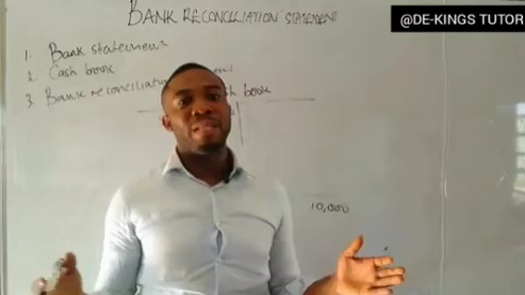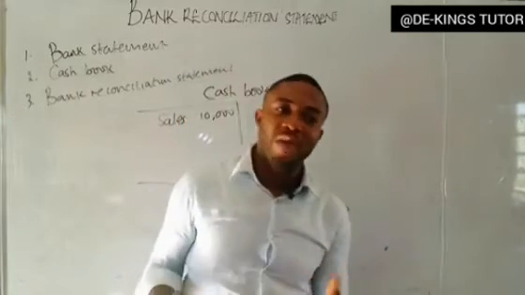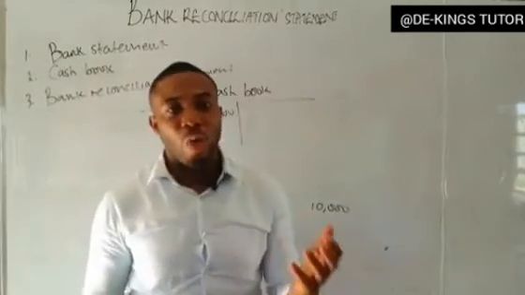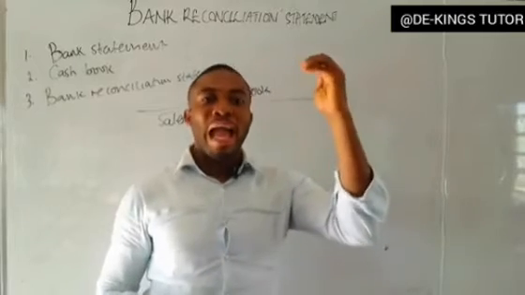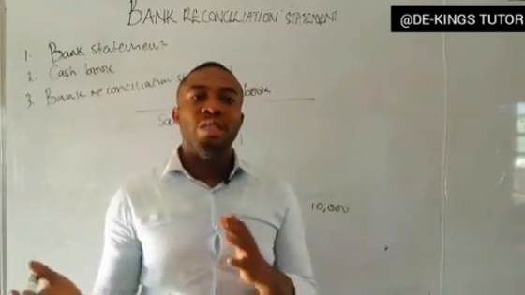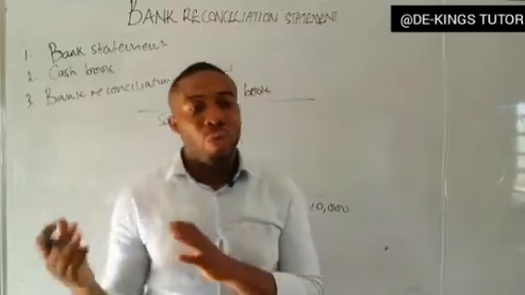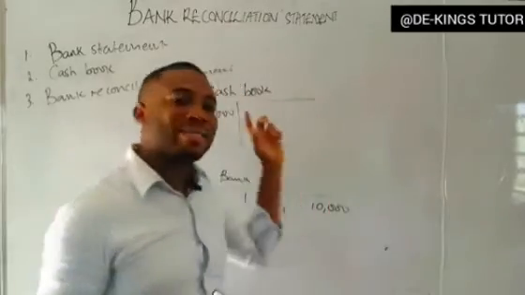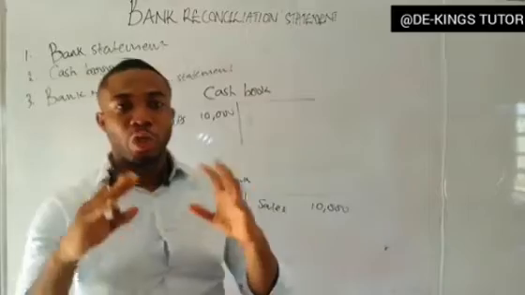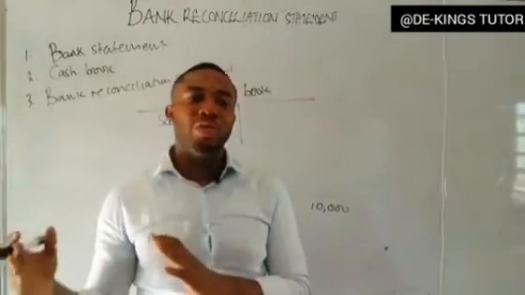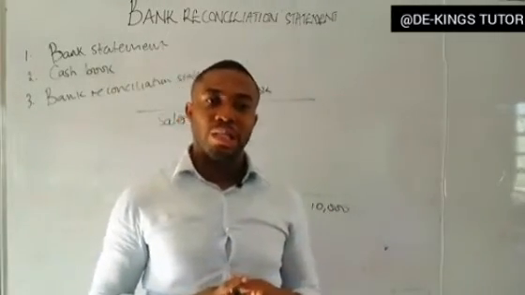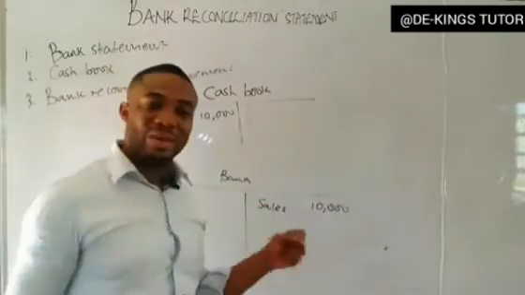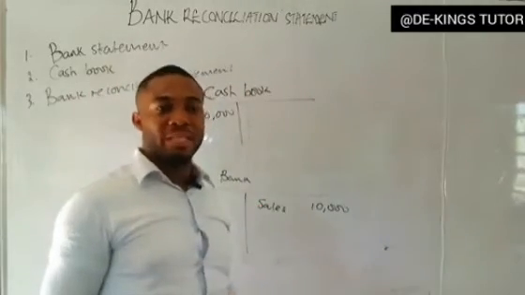So as a business person or even as an individual, you have the right to go to your bank and request the statement. It will show you every transaction, what came into the account and what went out. So the bank statement is that book that shows the business transactions between the bank and its customers. This is the account that is prepared by the bank on behalf of the businessman.